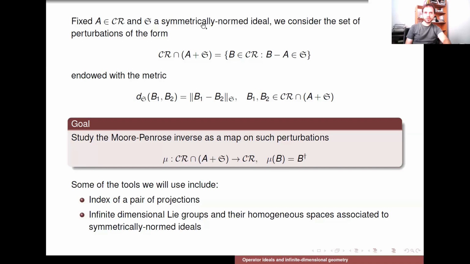There are several works dealing with perturbations of the Moore-Penrose inverse between matrices, because, as we said before, the Moore-Penrose inverse is linked to the linear systems. So we would like to understand perturbations, but now in an infinite dimensional setting, in the setting of operator ideals.